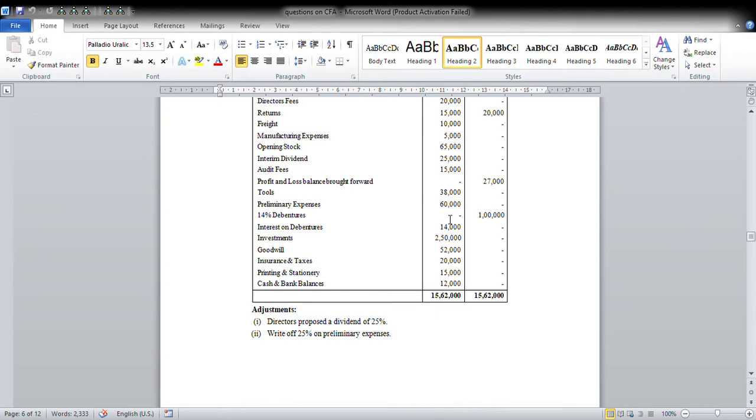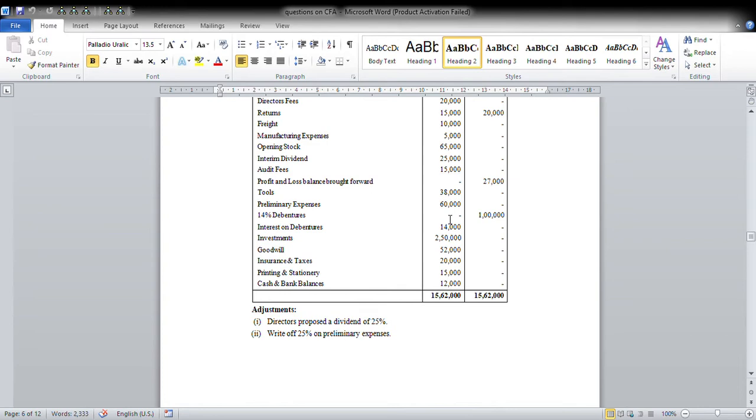So therefore there is nothing to be provided as outstanding. So the interest on the debentures will be taken under finance cost, under expenses in the profit and loss account. Then we have investments. So the investments can be shown under non-current investments in the balance sheet on the assets side.